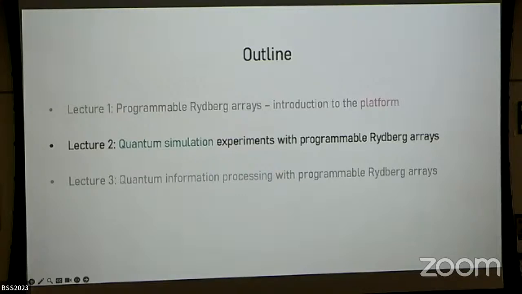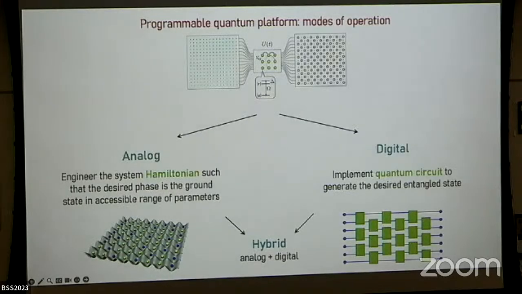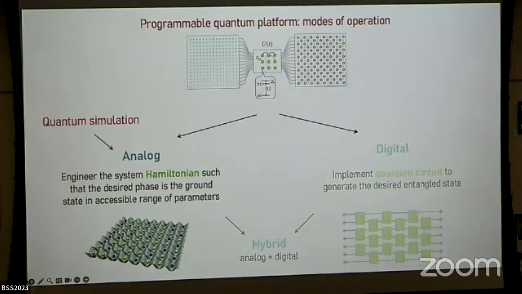Okay, so yesterday we ended on this note saying that you can use this programmable quantum platform in 2 or 3 ways. You can perform analog quantum dynamics, or use a digital approach. When we talk about quantum simulation, we typically use this first approach, the analog mode, or a little bit of the hybrid.